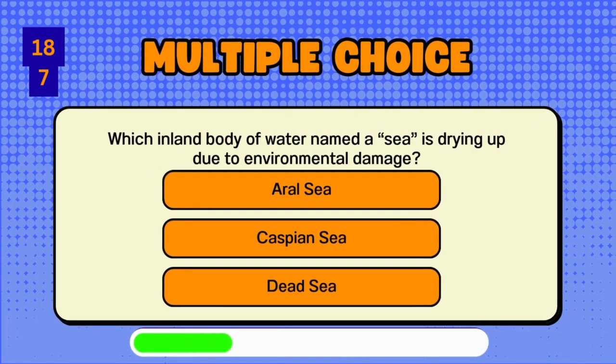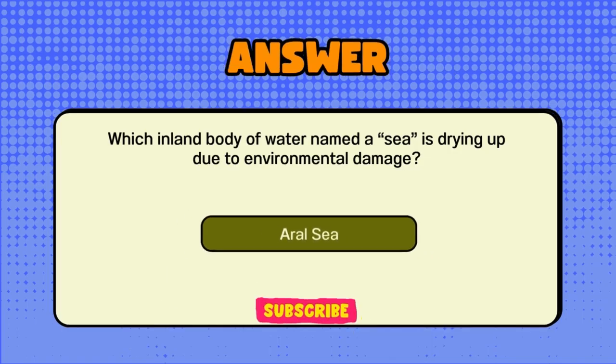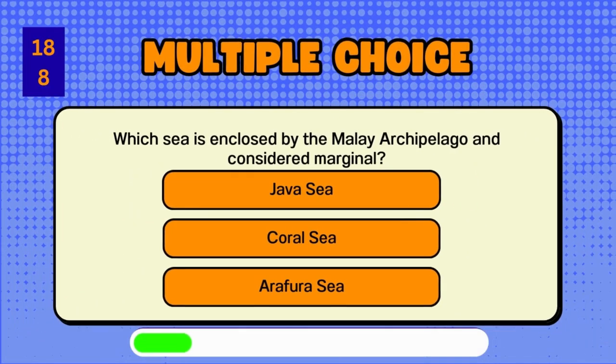Which inland body of water named a sea is drying up due to environmental damage? Which sea is enclosed by the Malay archipelago and considered marginal?